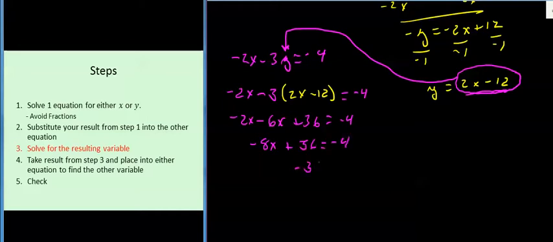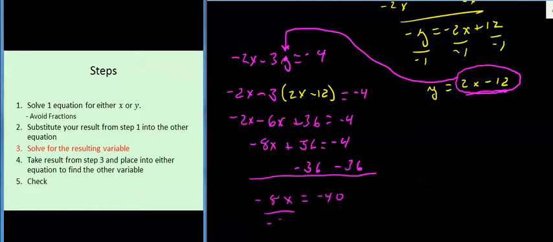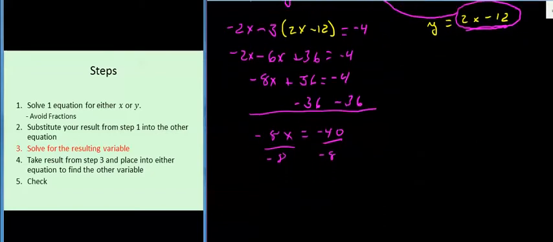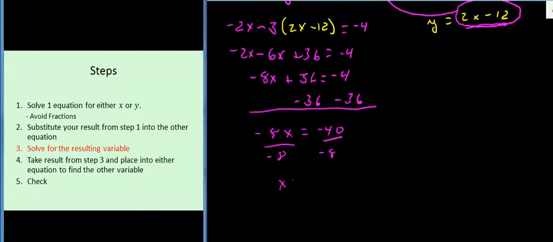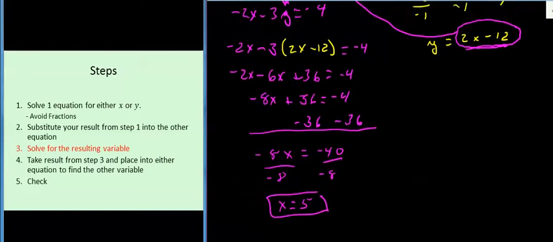Subtract 36. And we get negative 8x equals negative 40. Divide by negative 8. X is equal to 5. All right, I now know what x is, and we're almost done.